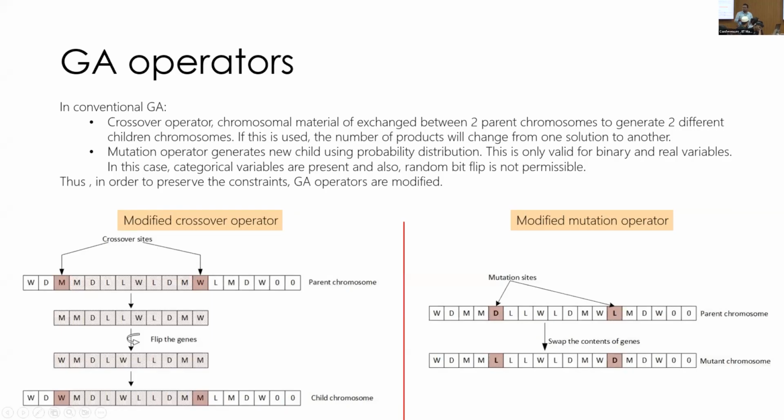So what we did is use a modified crossover operator, where we swap and then also flip the genes so that only one child is produced.